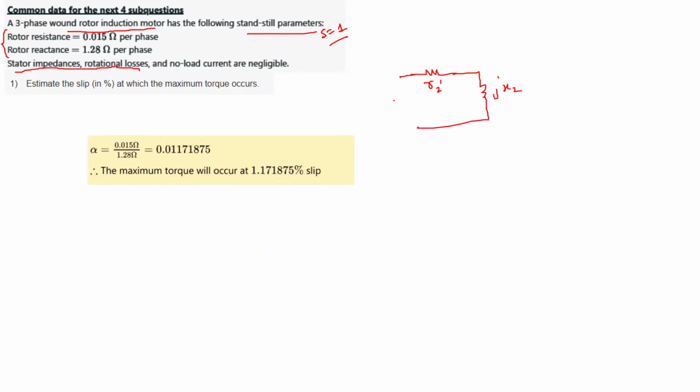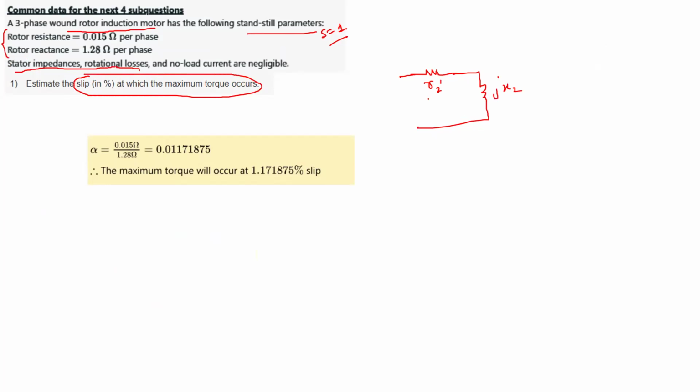So this is your simplified circuit diagram, because we are neglecting the stator parameters, and we are also neglecting the magnetizing and all those things. Now what we have to do is estimate the slip at which the maximum torque occurs. Very simple, right?